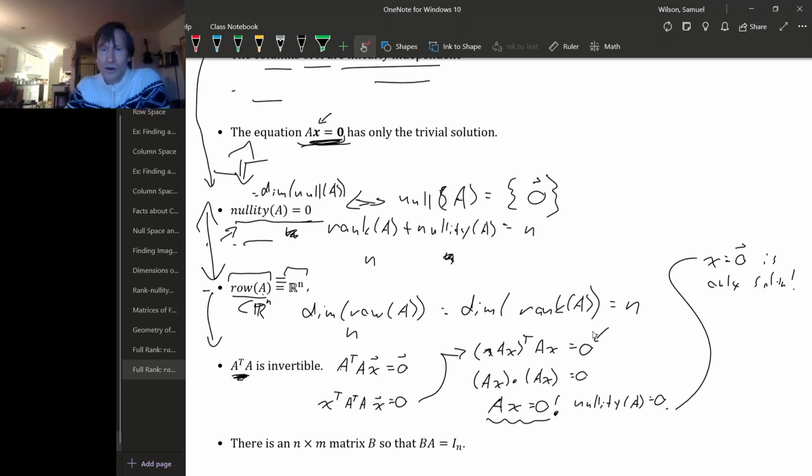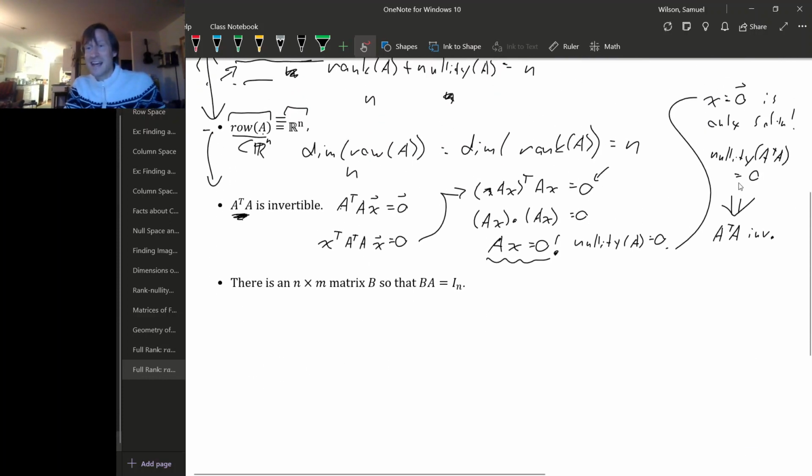Okay, so the nullity of A transpose A has to be 0. But we've seen before that if you have a square matrix whose nullity is 0, that means that the matrix is invertible. So A transpose A is invertible. All right.